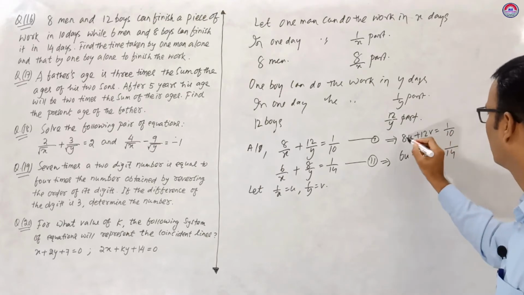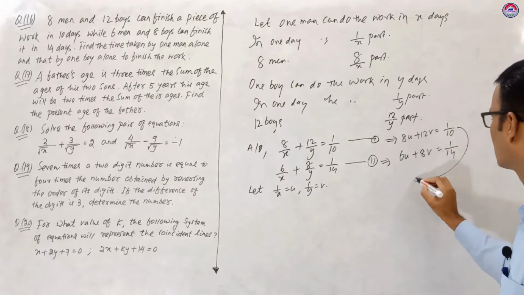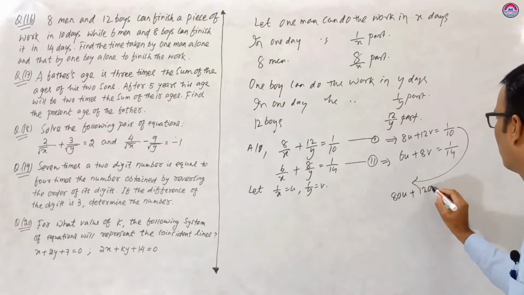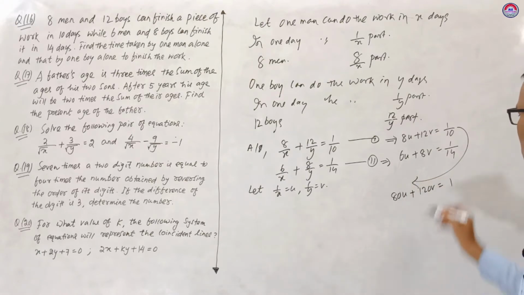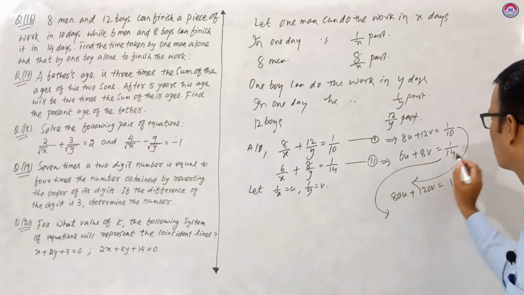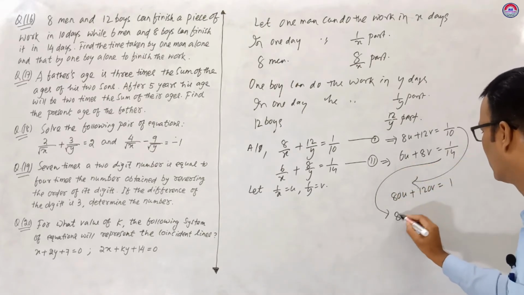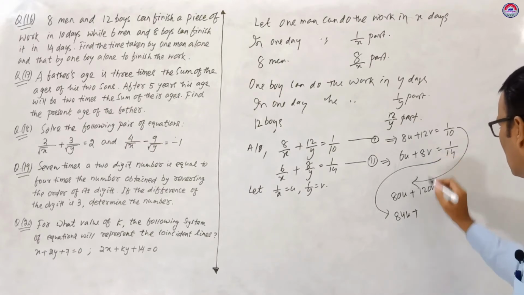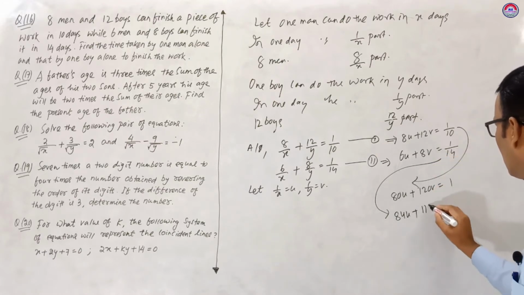If you multiply the first by 10, it becomes 8U plus 120V equal to 1. Similarly, the second equation, multiplied by 14, becomes 84U plus 112V equal to 1.